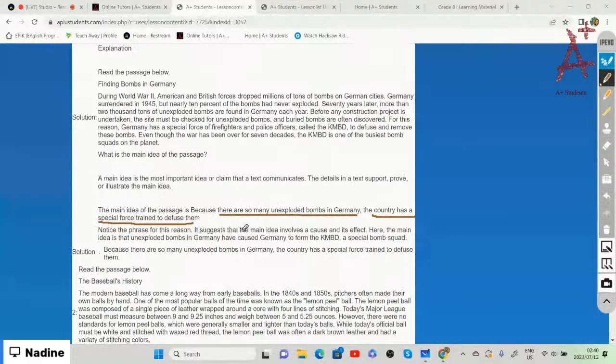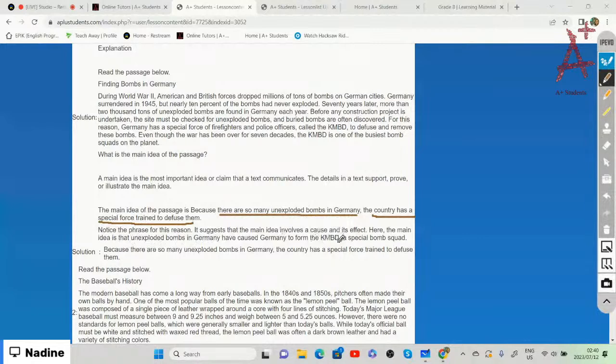And here they say, just notice the phrase "for this reason." It suggests that the main idea involves a cause and an effect, right? So there's a cause and there is an effect within that main idea. The main idea is that unexploded bombs in Germany have caused Germany to form the KMBD.